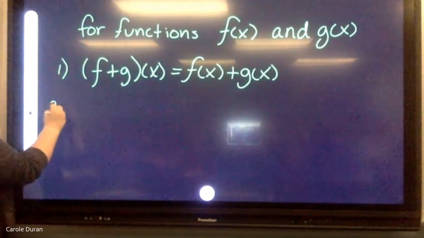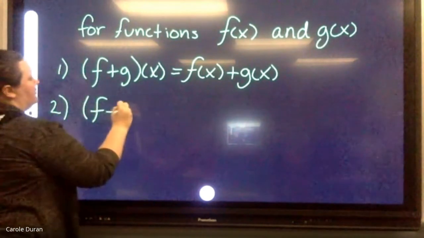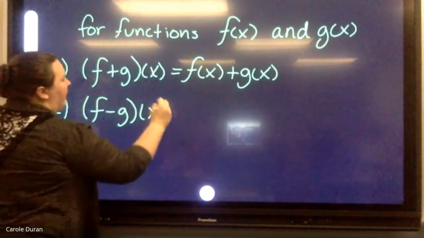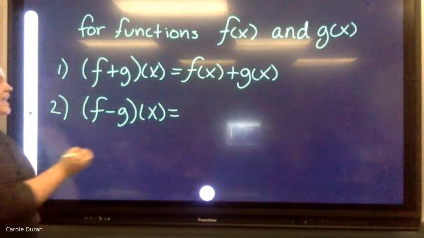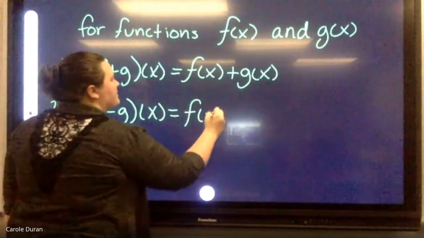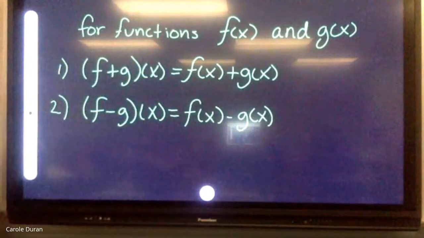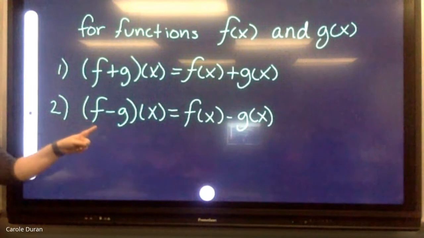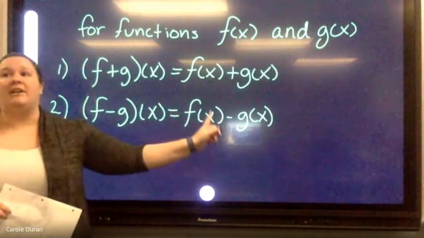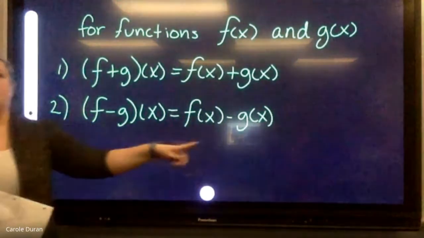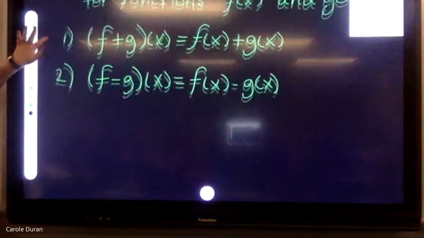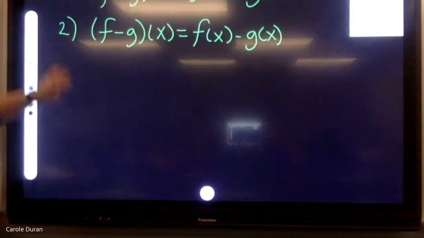This also applies for subtraction. So if I see f minus g of x, that is the same as f of x minus g of x in their original form. The order in which it's written here dictates the order in which we solve it here. Make sure you're following the order that your function operation is written in.